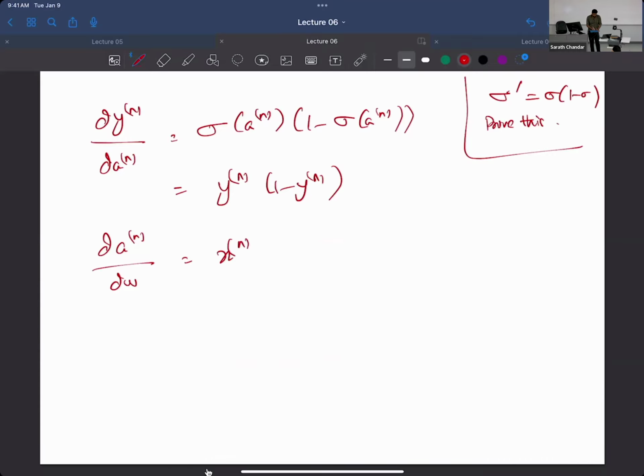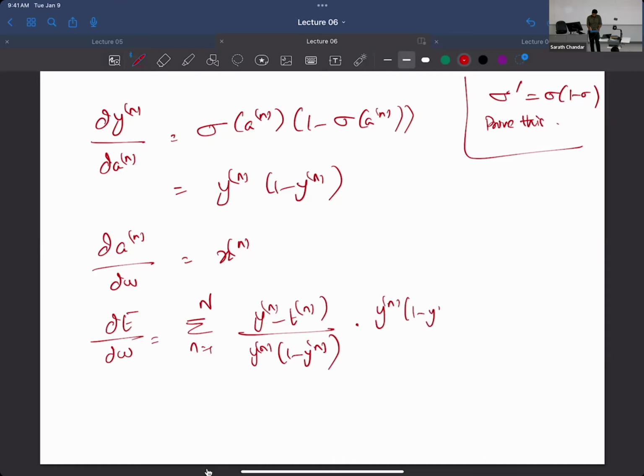So if you put all of these things together, dou E by dou w is given by, sorry, there's no minus, the summation over n equal to 1 to capital N of yn minus tn by yn into 1 minus yn, times yn into 1 minus yn, times xn.